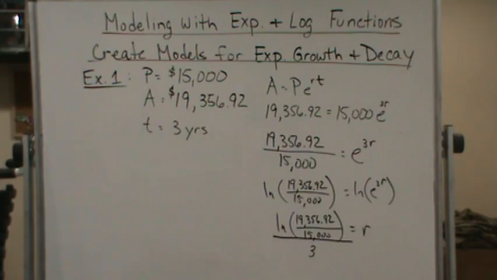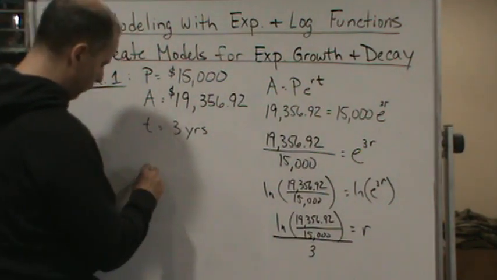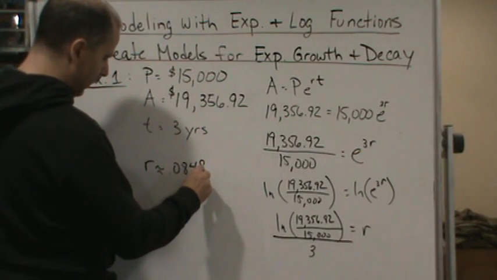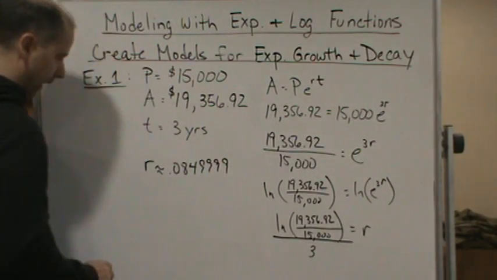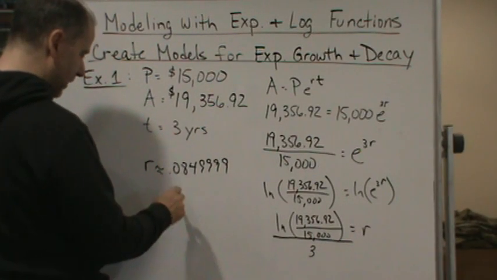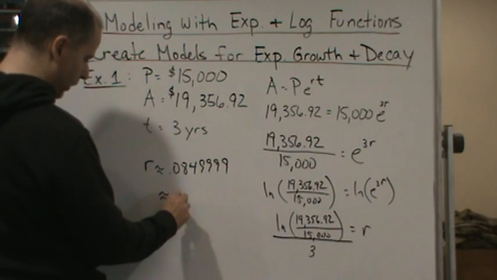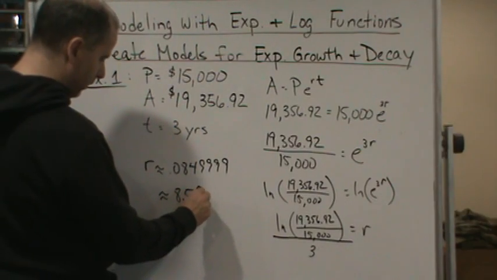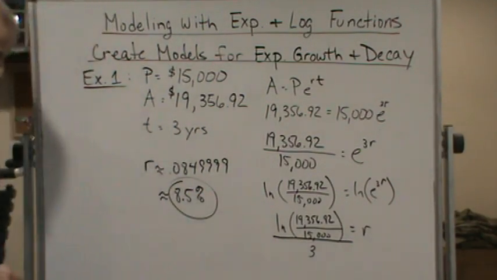And we get 0.084999, approximately. So if we round to the nearest 0.1%, this would be approximately 8.5% as the average rate. All right, that's it.